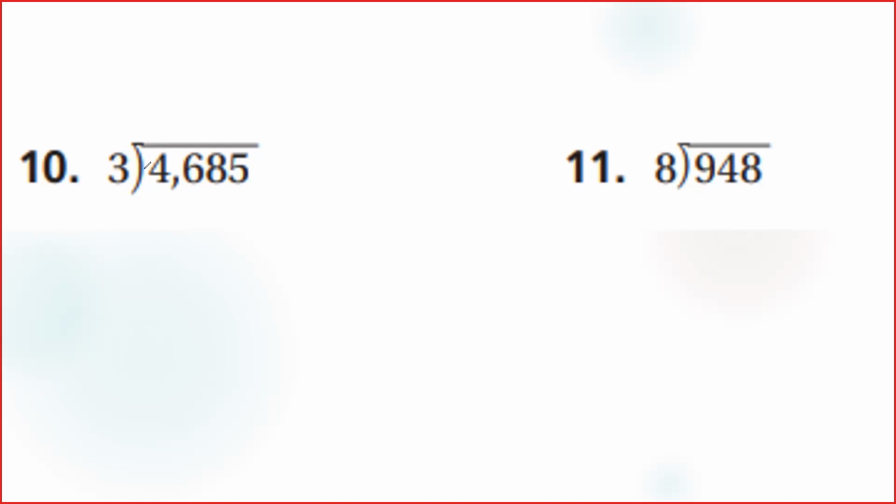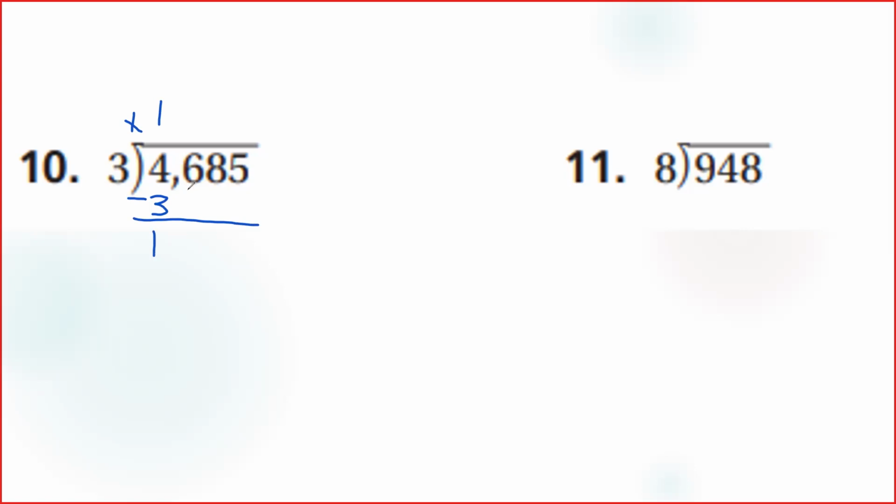What's the number that you multiply by 3 to get 4 or less than 4? 1. Thank you. Then 1 times 3 is 3. Next, 4 minus 3 is 1. Then next, what do you have to do?